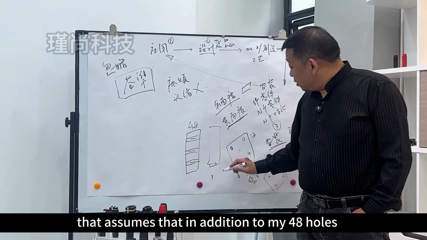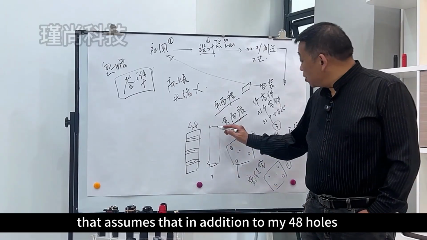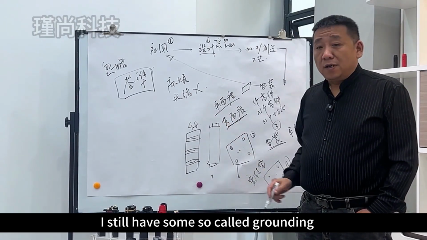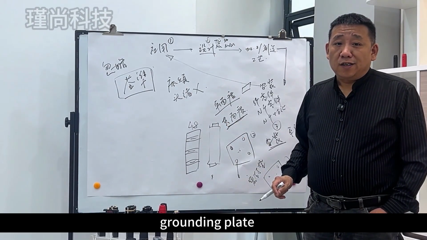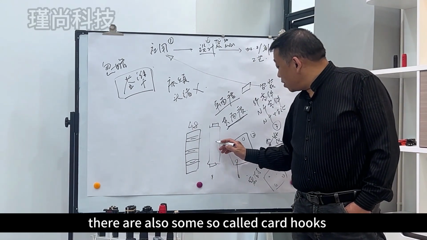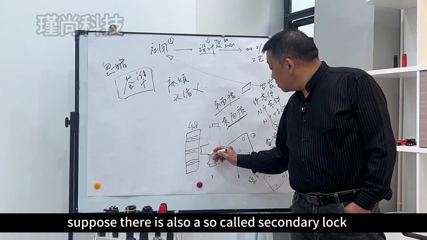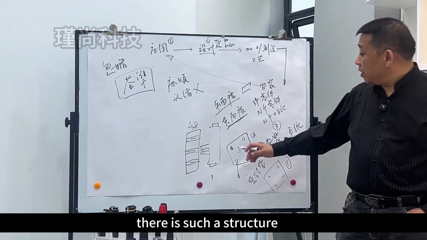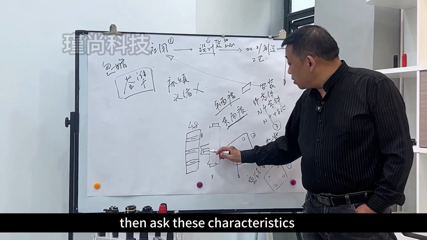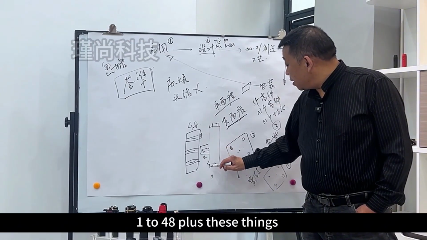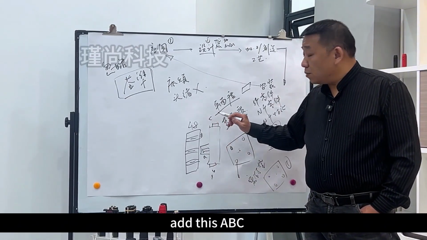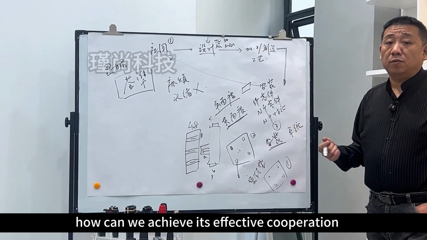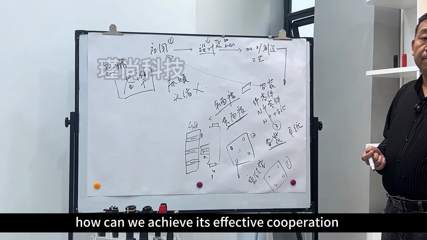And that assumes that in addition to my 48 holes, I still have some so-called grounding plate, some so-called card hooks, and suppose there is also a so-called secondary lock. There is such a structure. Then ask how we can achieve effective cooperation for characteristics 1 to 48 plus these things, plus this ABC.